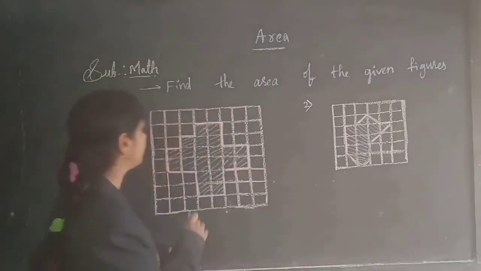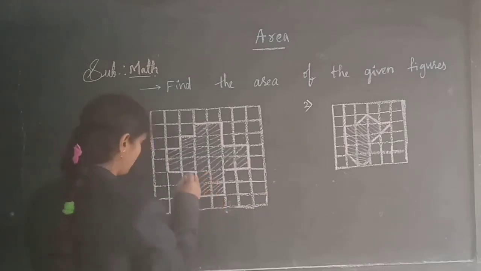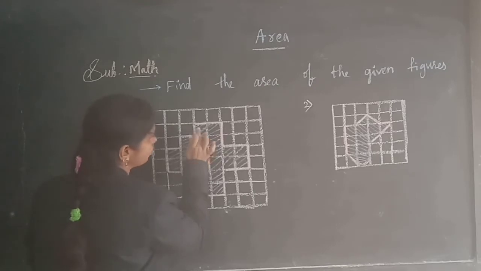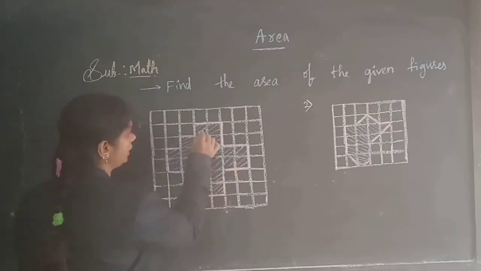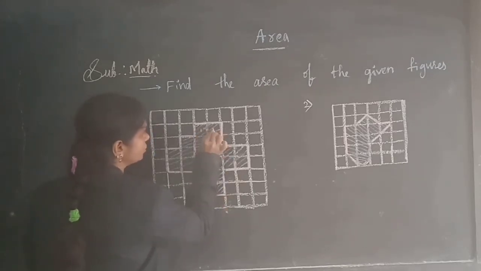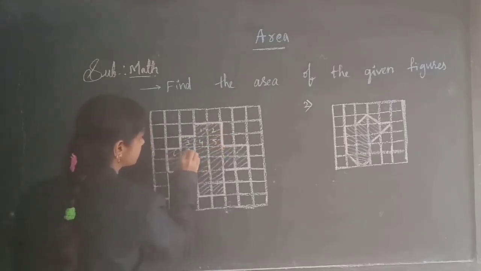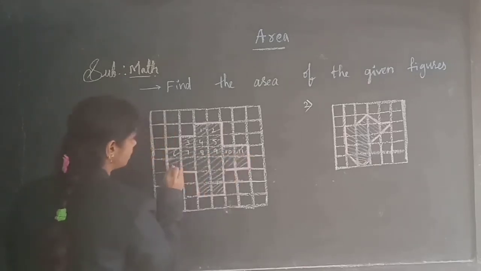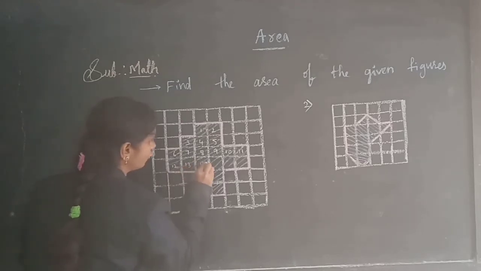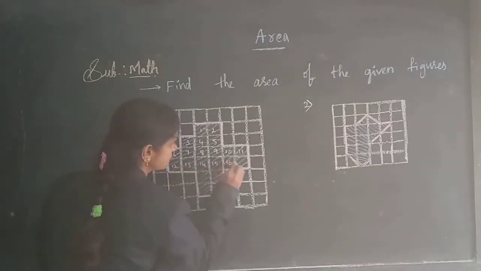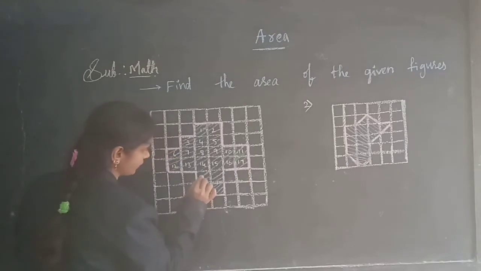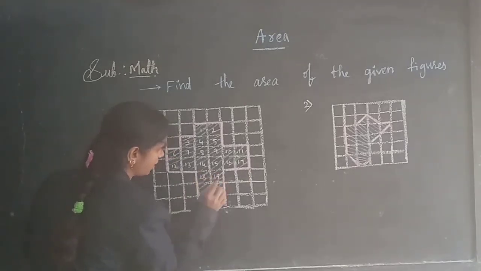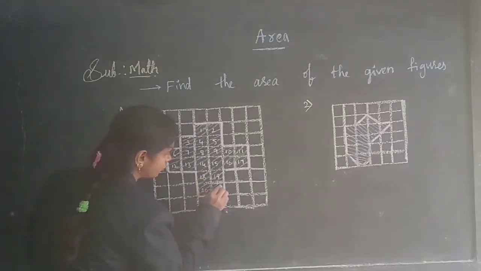Okay, see here. Let's count the area. I am counting here, and now I am writing the numbers. See, you can see the total clearly. So 1, 2, 3, 4, 5, 6, 7, 8, 9, 10, 11, 12, 13, 14, 15, 16, 17, here again 18, 19, 20 and 21.